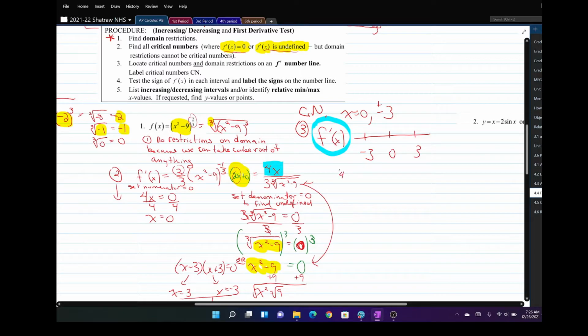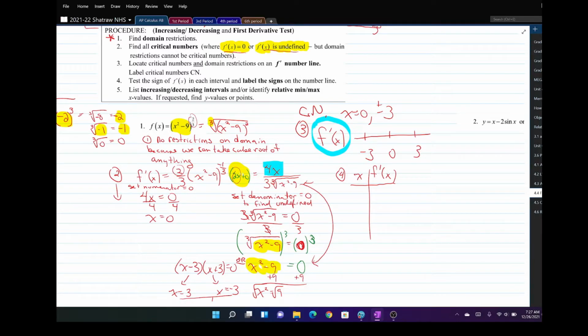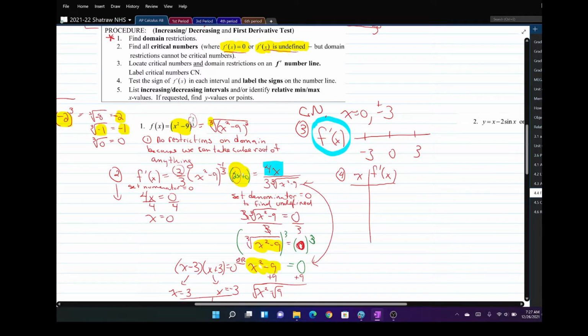So step 4 is going to be for me to test the sign of f prime of x. Now, I'm going to do this like this. At some point, you might be able to avoid making the table here. You might be able to just sort of eyeball stuff. But for the purposes of instruction, I'm going to show it to you each individual step.